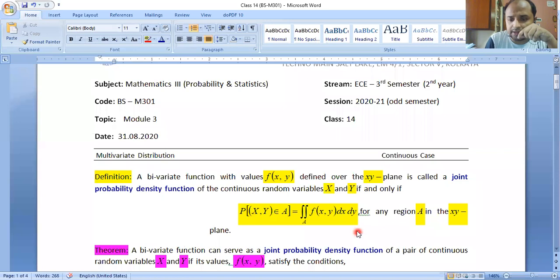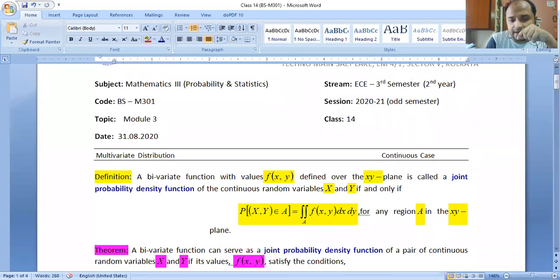Just look at the definition, and if you have copies in front of you, write this expression, because I shall be scrolling down and you'll miss this point. Write it on your copy so that you can correlate the problem with the expression and refer to it while solving the problems.